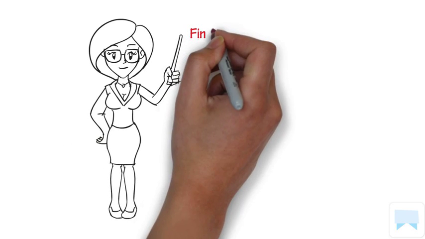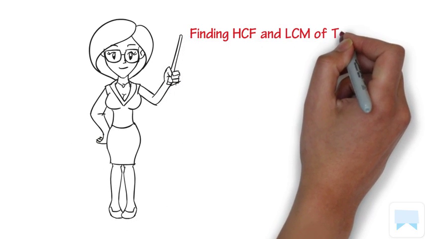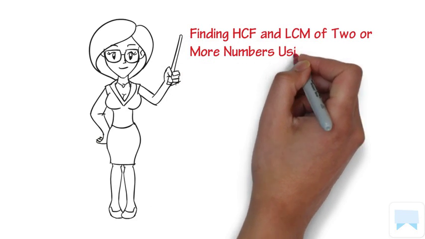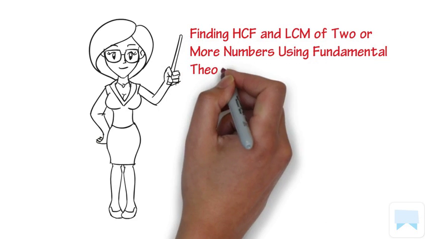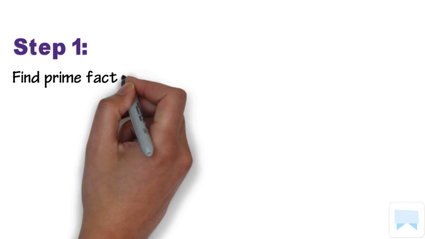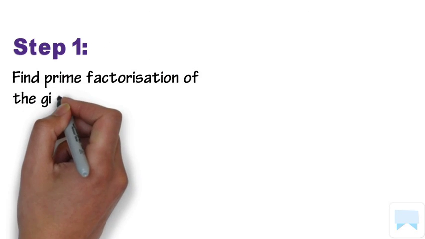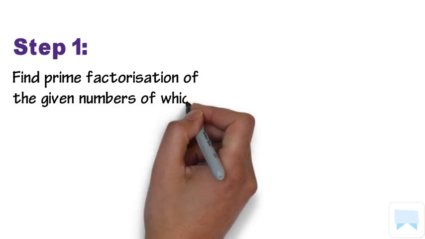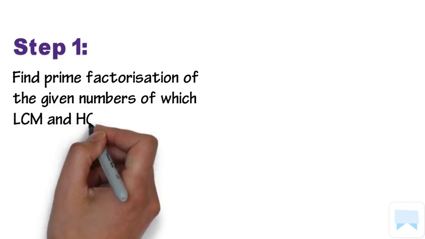Now let's understand how HCF and LCM of two or more numbers can be found using the fundamental theorem of arithmetic. Follow these steps to calculate HCF and LCM. Step 1. Find the prime factorization of the given numbers of which LCM and HCF are required.